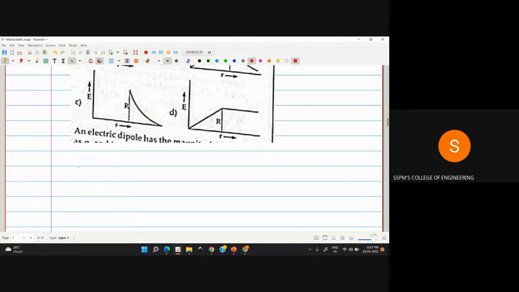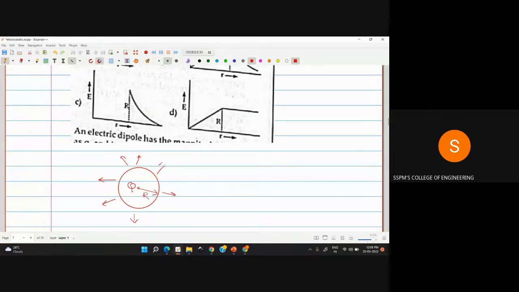Gauss law states that the total charge placed inside a closed surface, let's consider one closed surface of radius r, and if a charge, let's consider Q, is placed inside the closed surface, then lines of flux will cross over the closed surface.